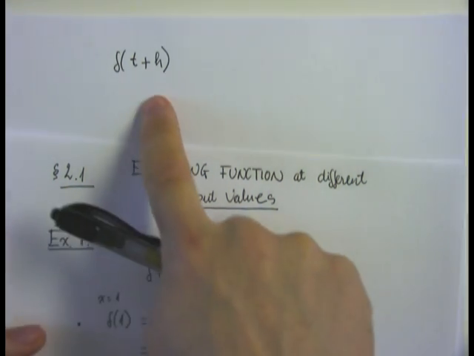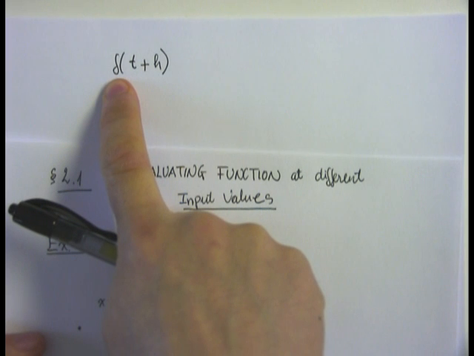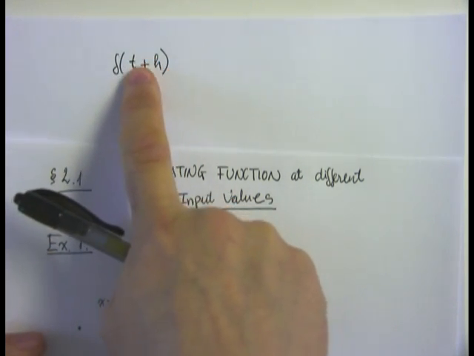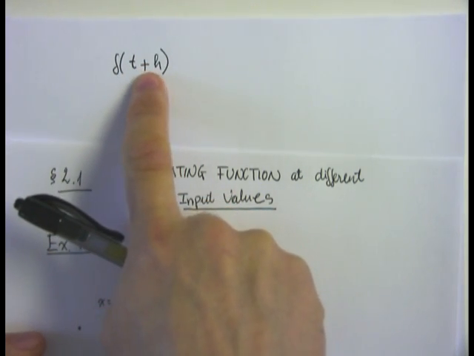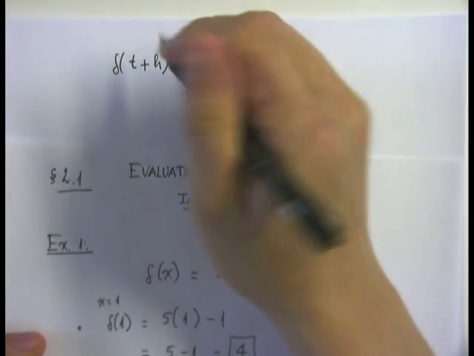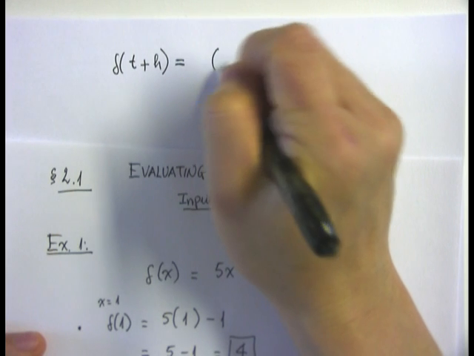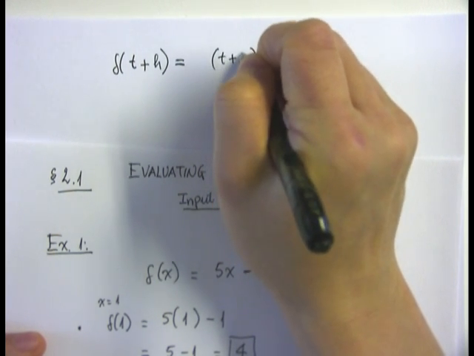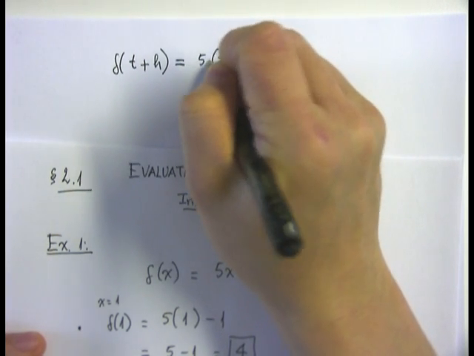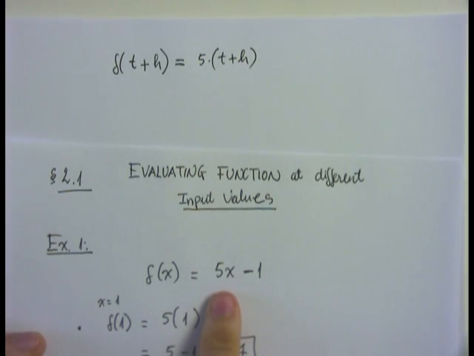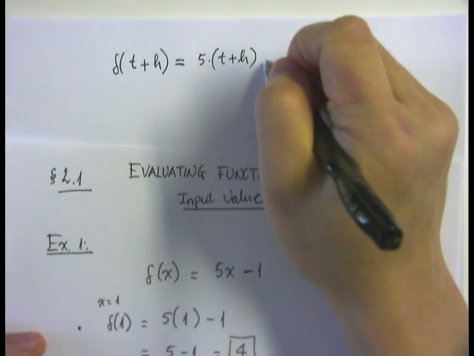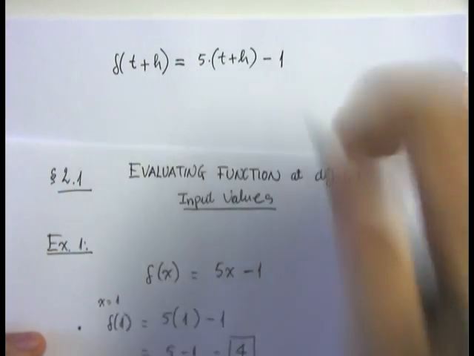So here in this problem, my function still remains the same function. The only thing different now is that my input variable takes the quantity t plus h, and so the way the function is processing its input, the whole input t plus h is going to be multiplied by 5. And then after multiplying by 5, we subtract 1.